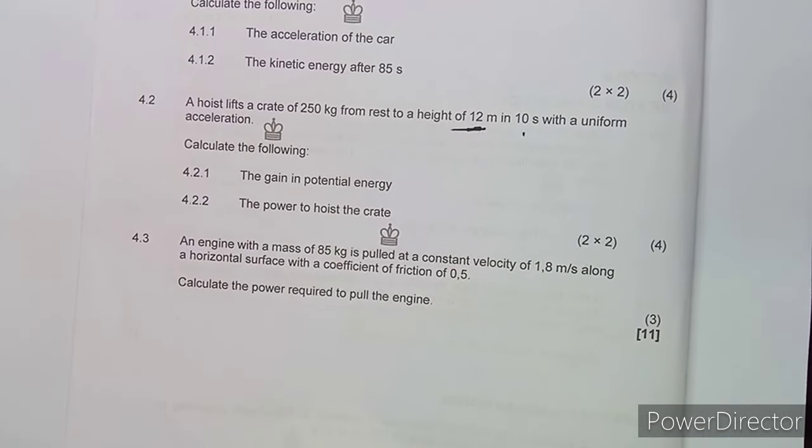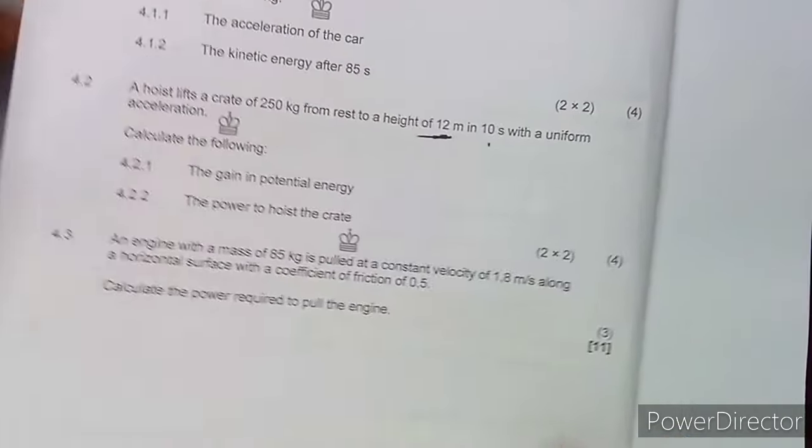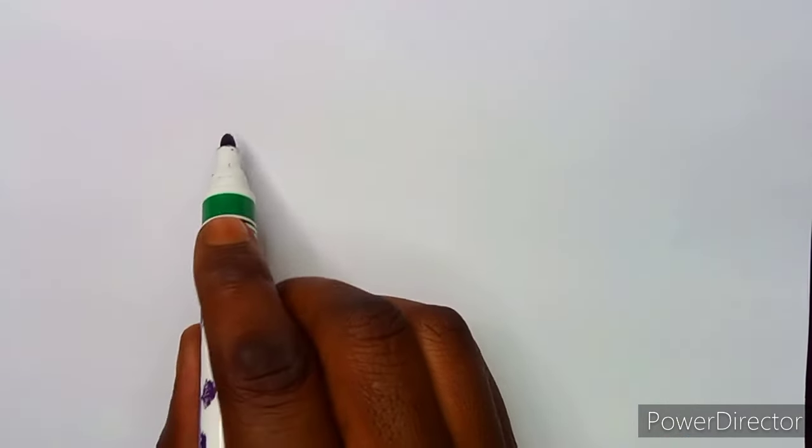Then on 4.3, you are given an engine with a mass of 85 kgs that is pulled at a constant velocity of 1,8 meters per second along a horizontal surface with a coefficient of friction of 0.5. Let's list again, just like I was saying, guys, it's best to list the information that you are given.